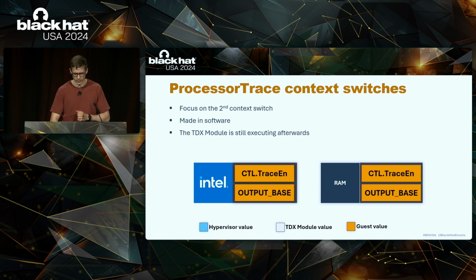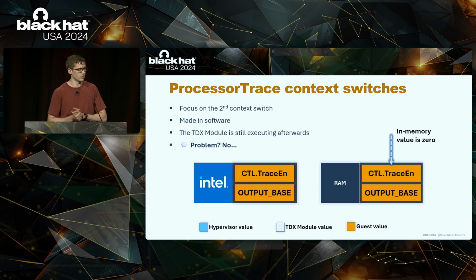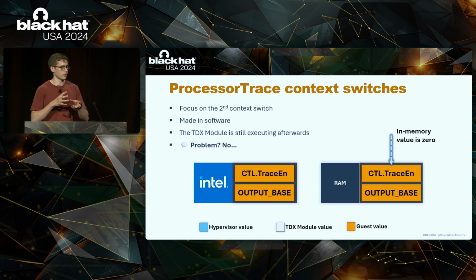Now, in practice, it's not supposed to be the case because due to a complex set of interactions, there is basically the guarantee that the in-memory state, the in-memory value of the trace enable bit, is always 0. And so when the context switch occurs, the value 0 gets copied into the CPU, and therefore it's still 0 in the CPU, and therefore processor trace does not get enabled immediately after the context switch.